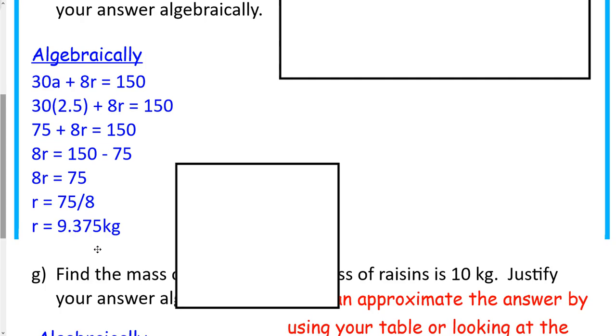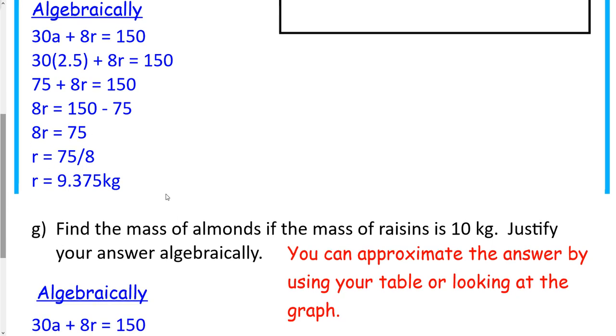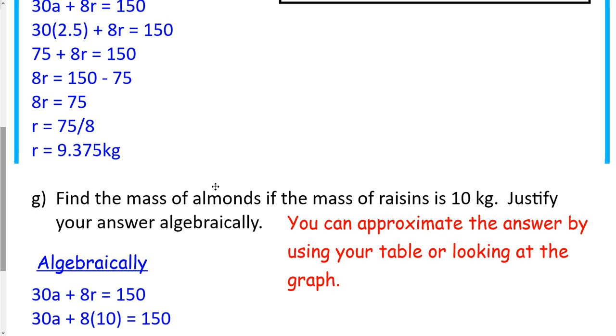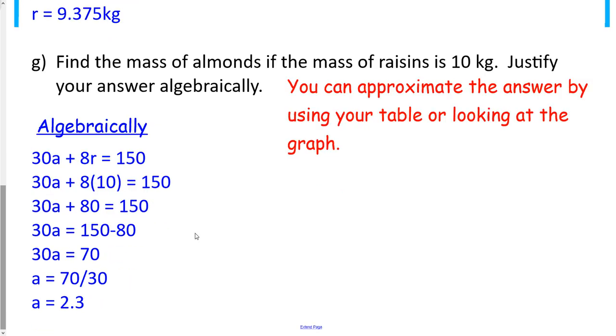And we get 9.375. So we said a little bit over 9, but this gives us the exact amount. Find the mass of almonds if the mass of raisins is 10 kilograms. Same thing I did here: I used the same expression and replaced my raisins with 10, and I got 2.3.